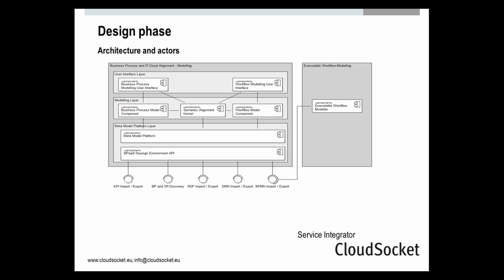There are other webinars that explain very well the different components that compose this design environment. Nevertheless, I would like to remark that the executable workflow is here, and it is communicated with the business process components in order to export and import the BPM following the BPM standard.